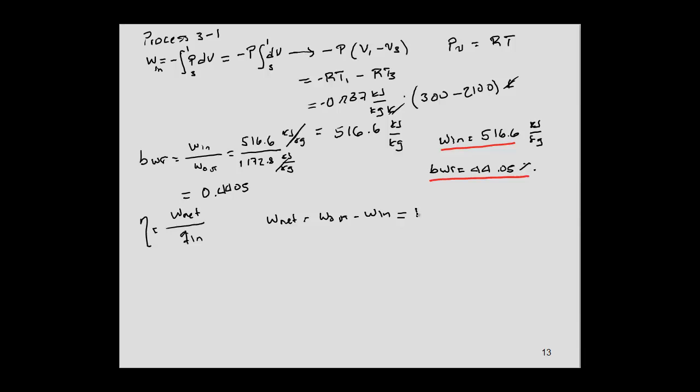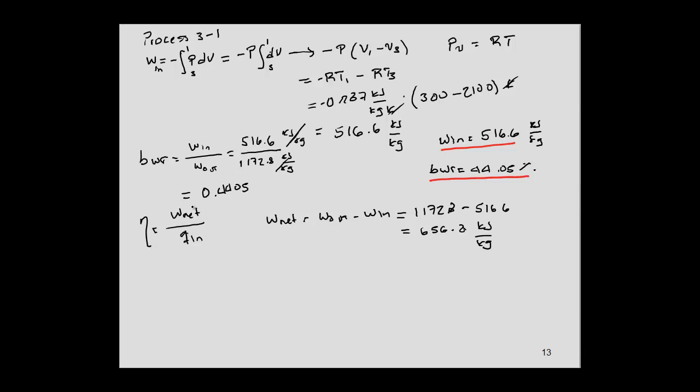So this will be 1172.8 minus 516.6, and this is equal to 656.8 kilojoules per kilogram. But we are missing Q in.